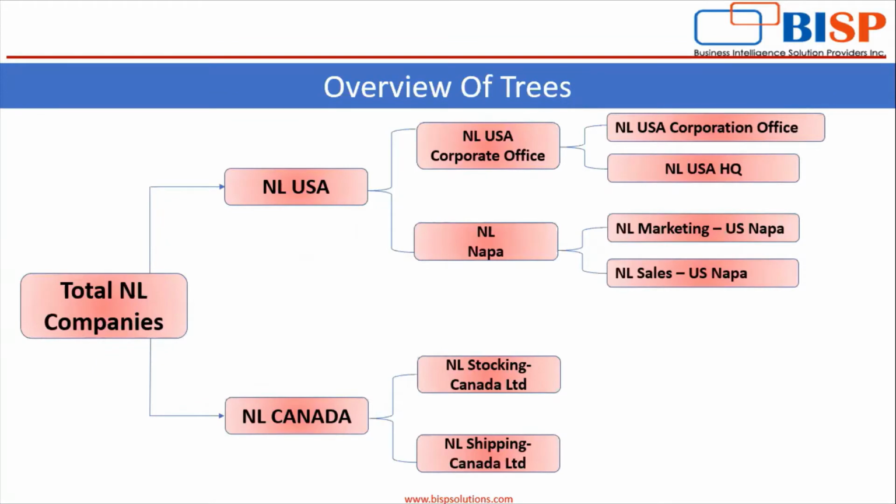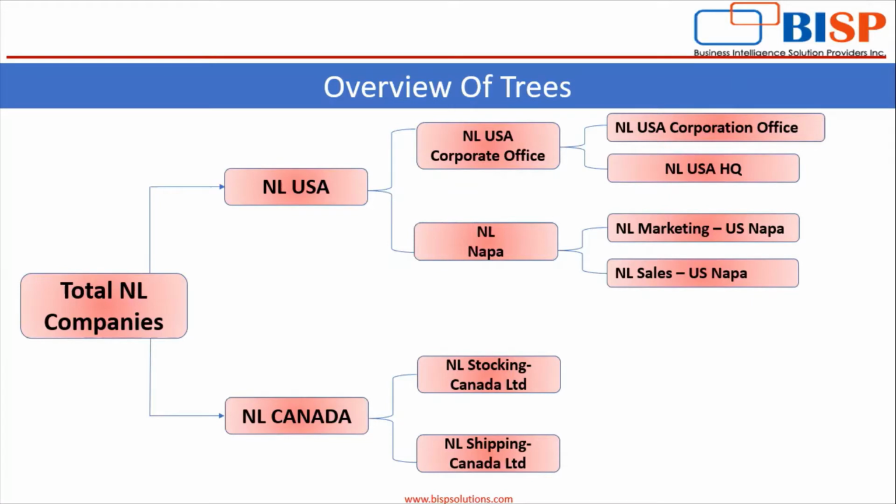So in the given figure, you can see how the hierarchy works. NL has two locations, that is NL USA and the other one is NL Canada. Under NL USA, we have two offices, that is NL USA Corporate Office and NL NAPA is the second office.